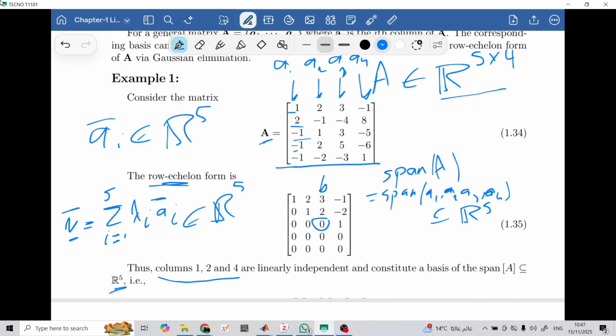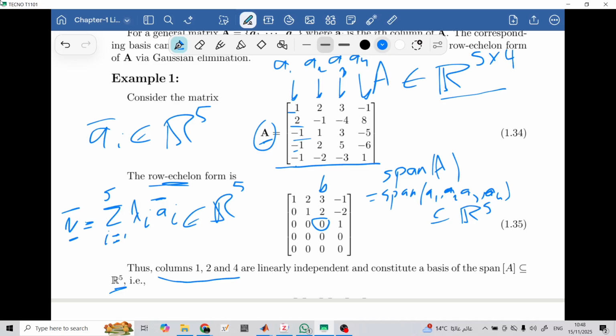So now we are talking about matrices. And if you remember from a previous video, we said that the column space of A is a subspace. The column space of A is a subspace. And A can be a transformation. It can be a system. So we are interested in A and in its column space as well.